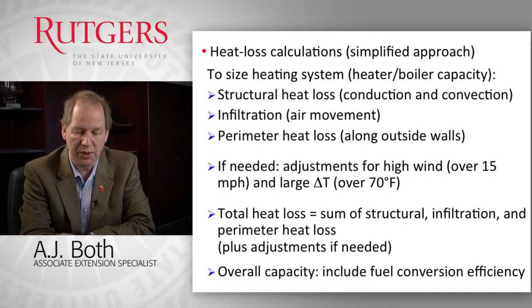Those that are most critical are the structural heat loss that is happening by conduction and convection. So conduction through the material that the greenhouse is made of, and convection of air moving in and around the greenhouse. We have heat loss by infiltration, where we have air entering or exiting the greenhouse through unintended openings.